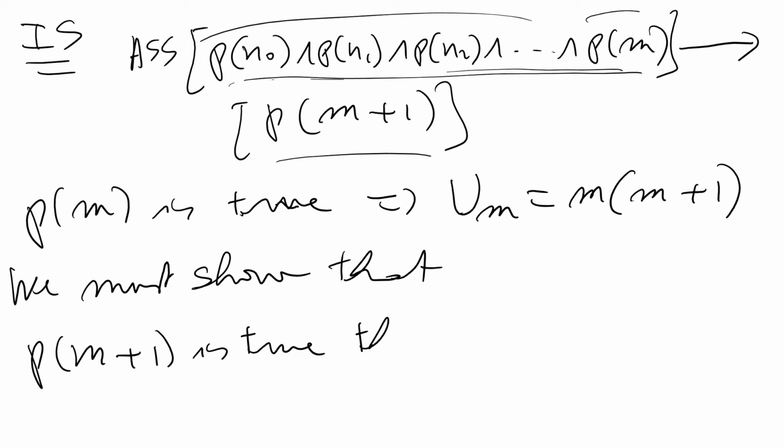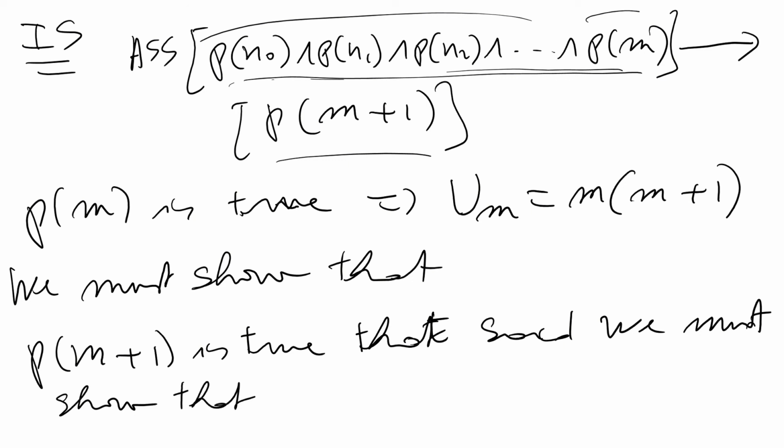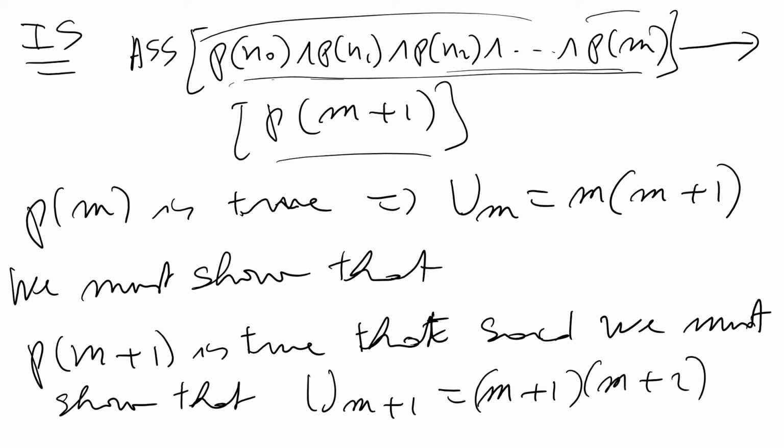That said, you must show that u_(m plus 1) equal to (m plus 1) times (m plus 2). Why do we get m plus 2? Because that was the expression assumed to be true, and I replace m by m plus 1 everywhere. So this was m plus 1 plus 1, it gives me m plus 2. So we need to show this.